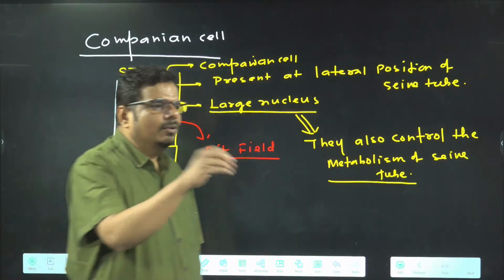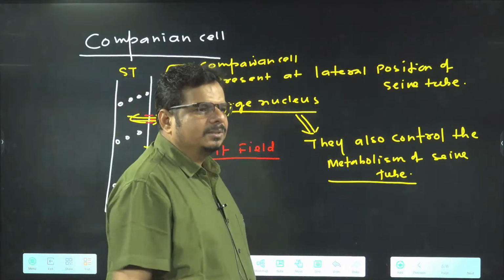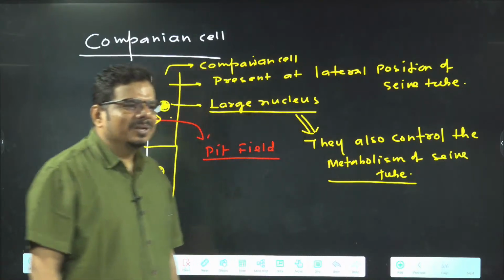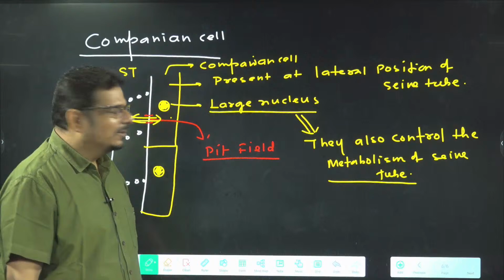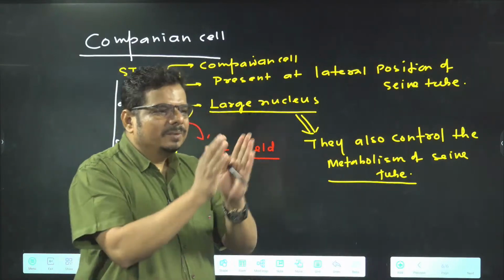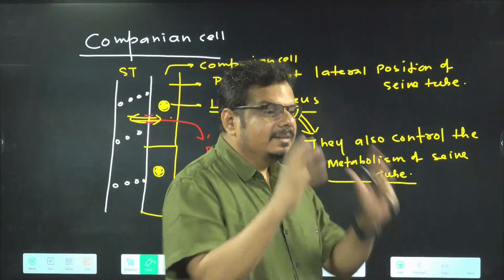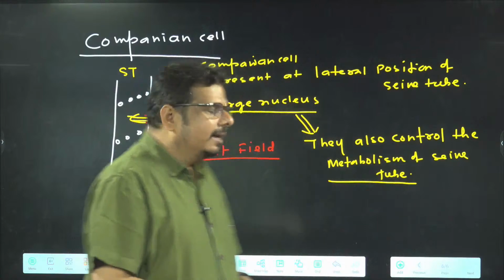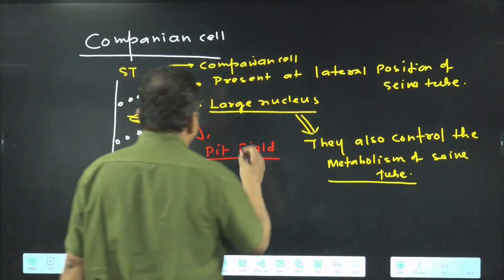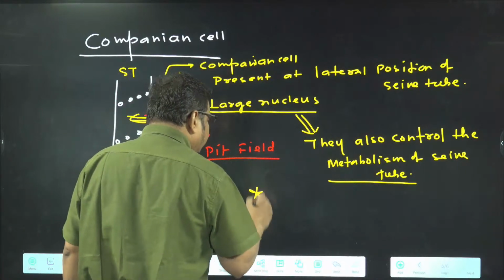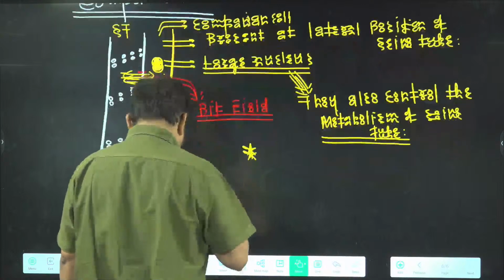It means cooking in your own house and the relative's house also. It is happening like that, cooking food for both houses. So they are controlling the metabolism of both cells. That is the reason a large nucleus is there. And the companion cell also does an important function. What is the important function?